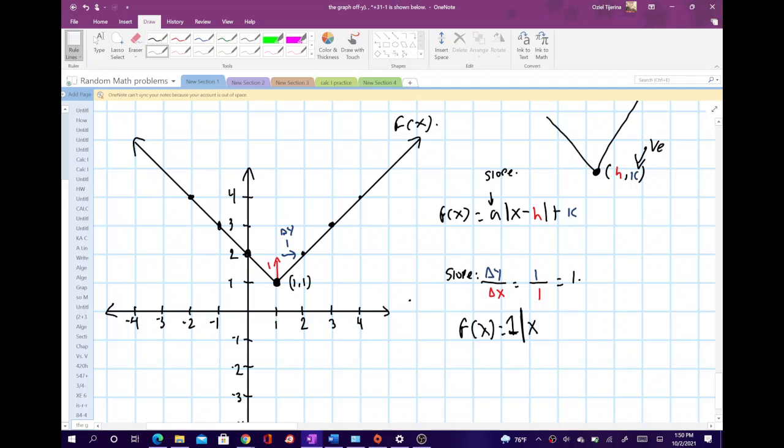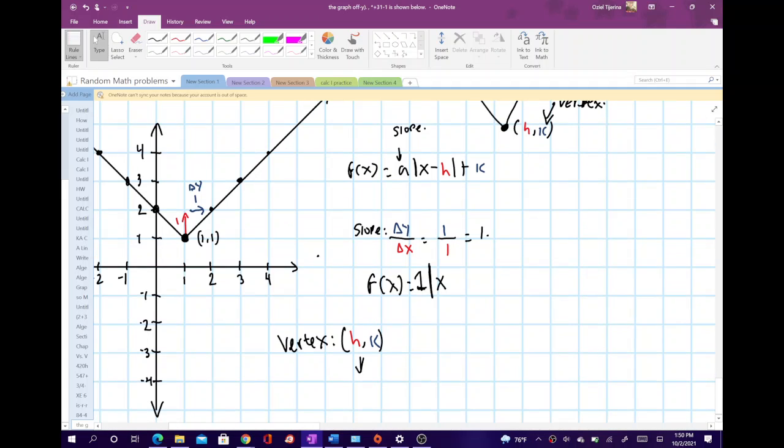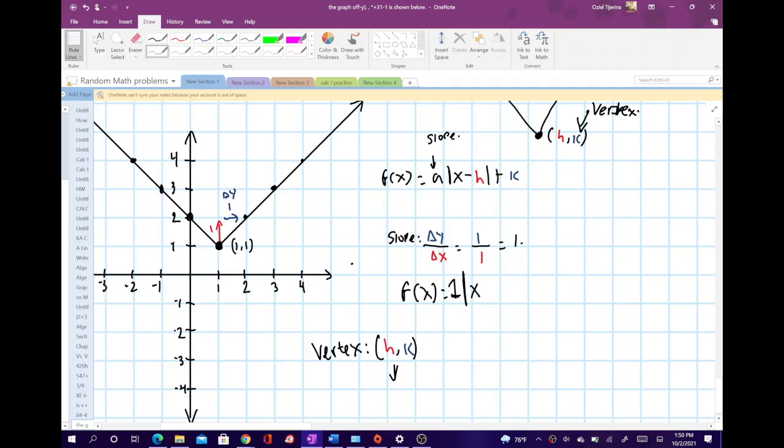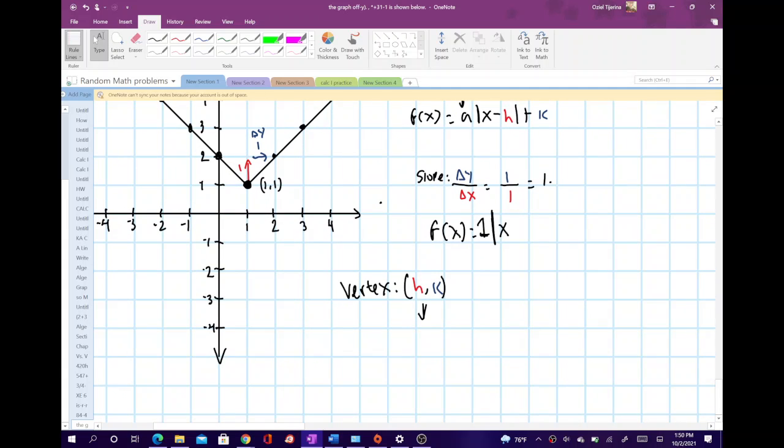We know that the vertex is h, k. The vertex in this absolute value is 1, 1, because that's literally the middle of this absolute value graph, right? We can say that the vertex is 1, 1.